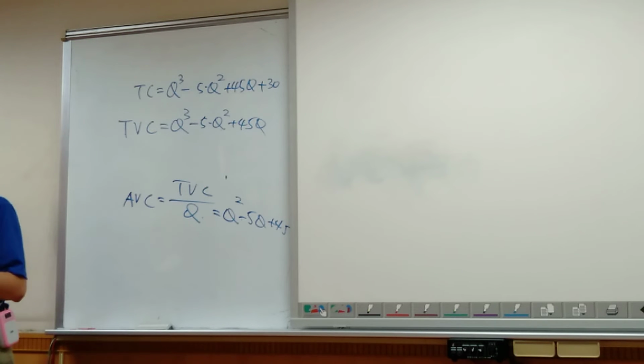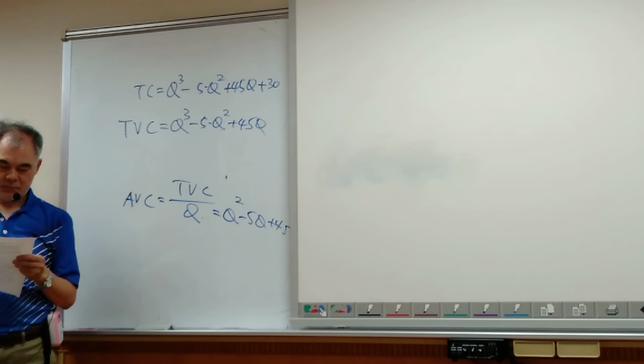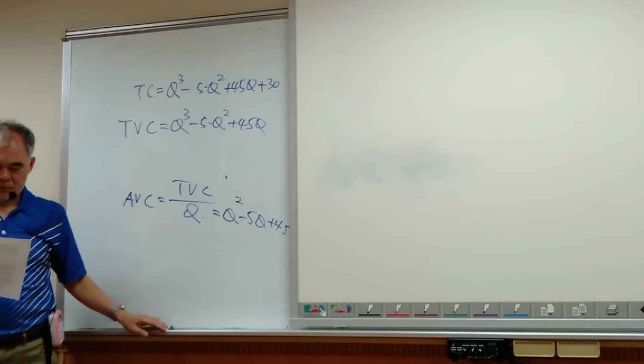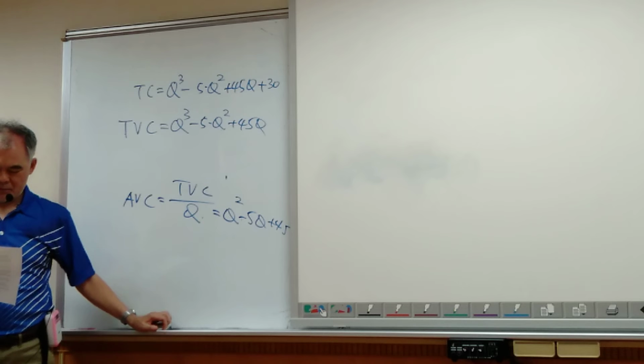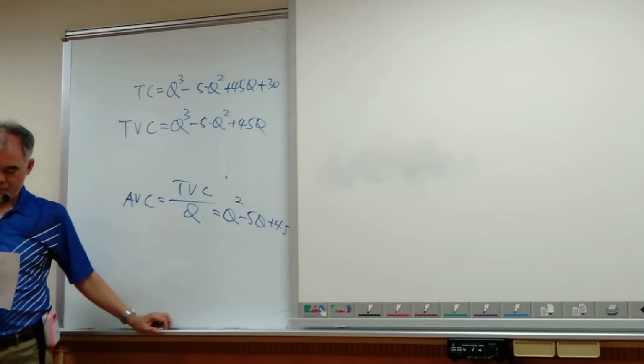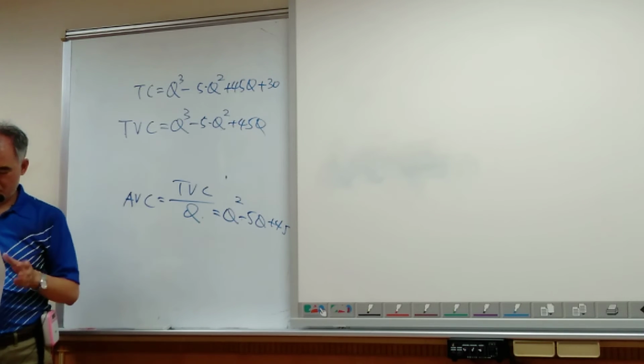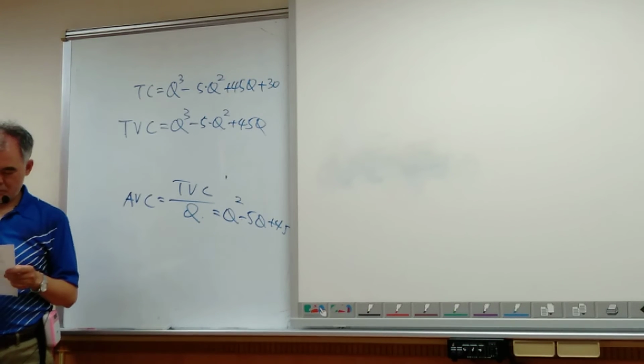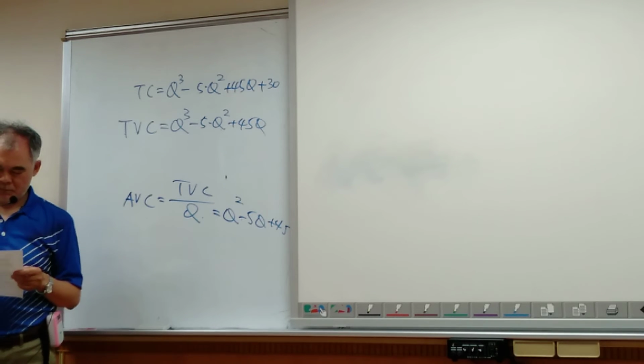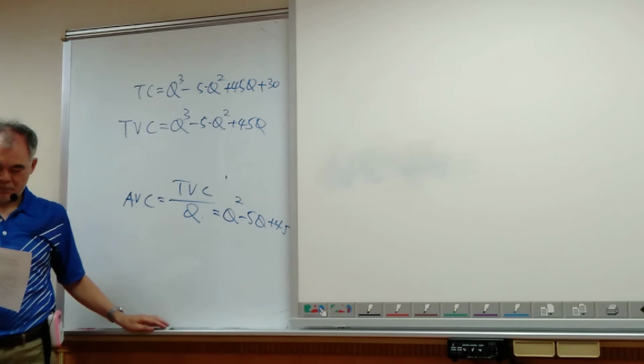Okay, question 19. Suppose the demand for tomato is P equals 150 minus Q and supply is P equals 30 plus 0.5 times Q. What is the equilibrium P and Q?